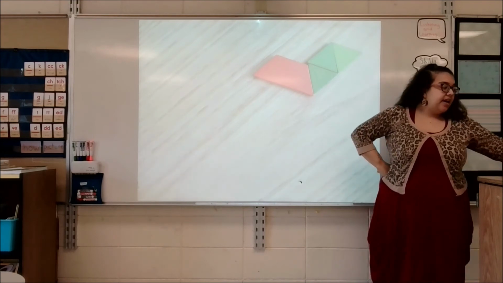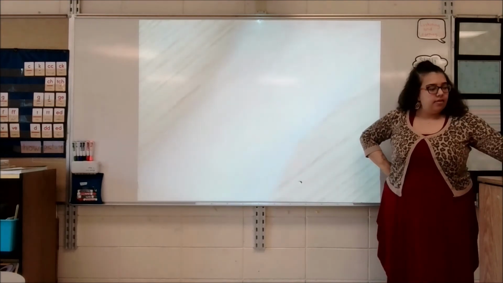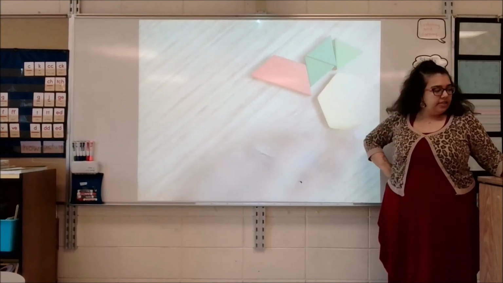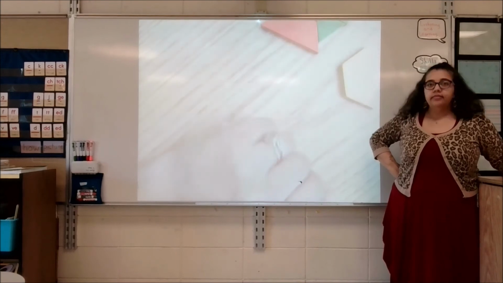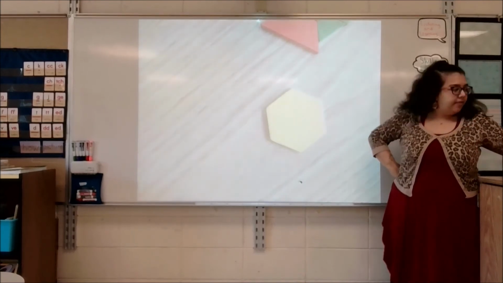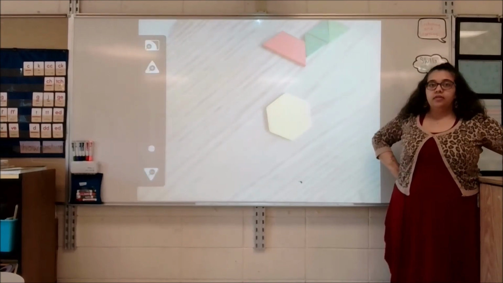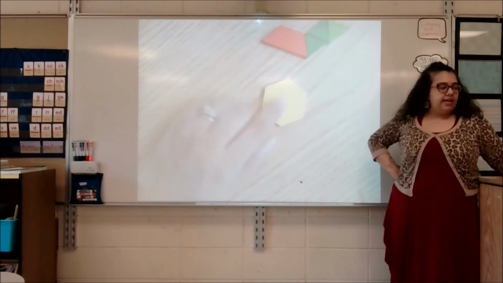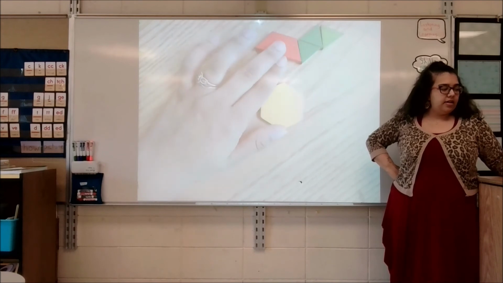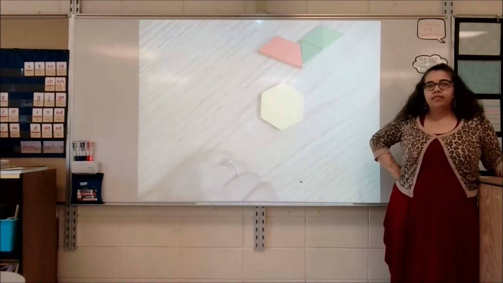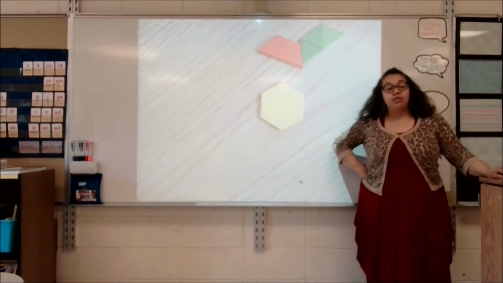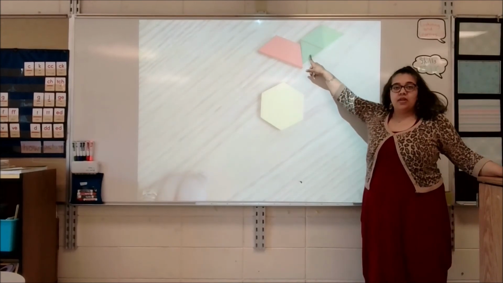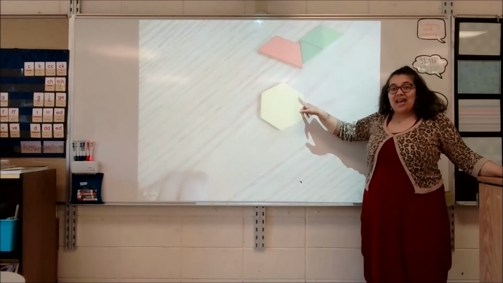Does this hexagon look like this hexagon? Do they look the same? Let me see if I can get them in the same frame. That'd be really helpful. You can probably decide what they look like. Does this hexagon look like this hexagon? Do they look the same? No, they do not. Does that make this composite shape, these shapes combined together, any less of a hexagon?